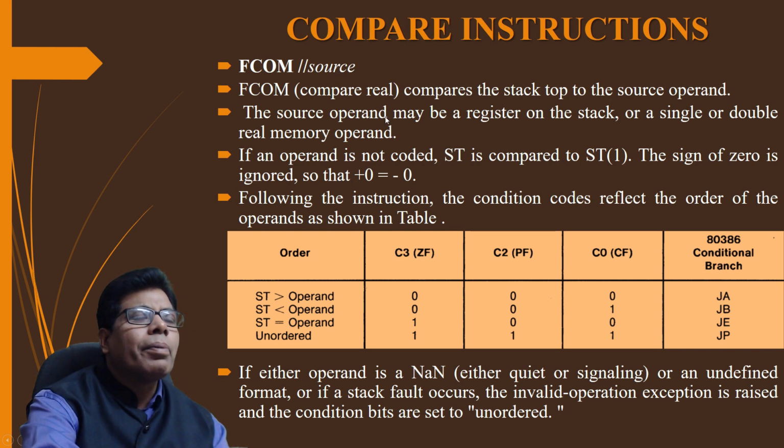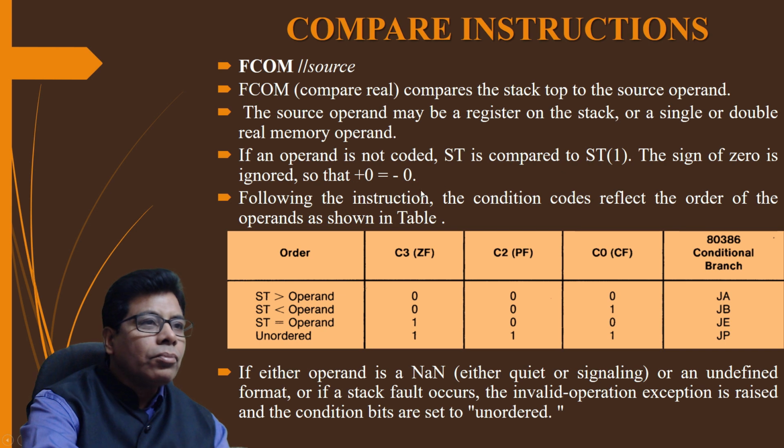For the source operand, we can give a register on the stack or a single or double real memory operand, that is 32 bit or 64 bit. If the operand is not coded, ST is compared with ST1. So these are the implicit operands. ST means stack top and ST1 is the next element on the stack.